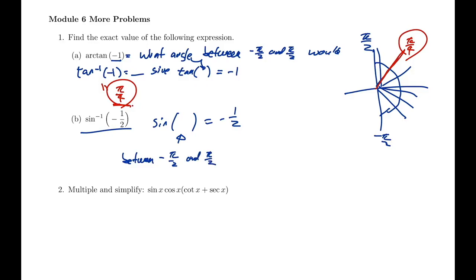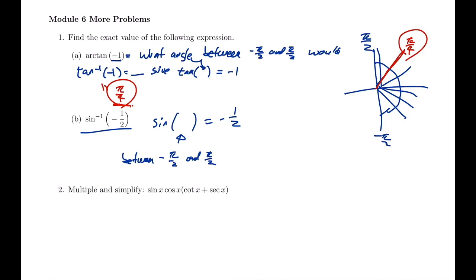So for sine inverse and for tangent inverse, we look at negative pi over 2 to positive pi over 2. For cosine inverse, we look at 0 to pi. So know the distinction, as I talked about in the main concept module 6 video.